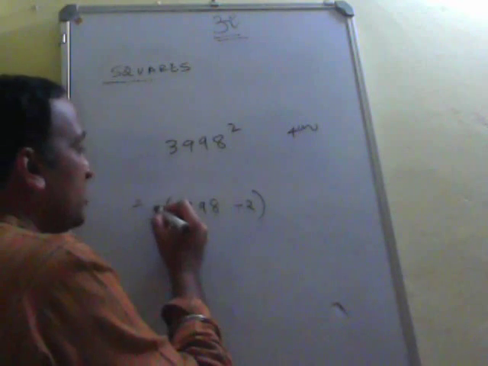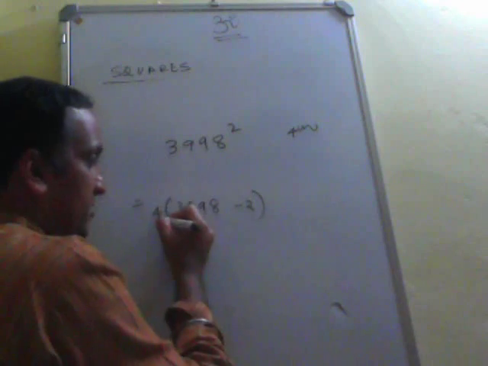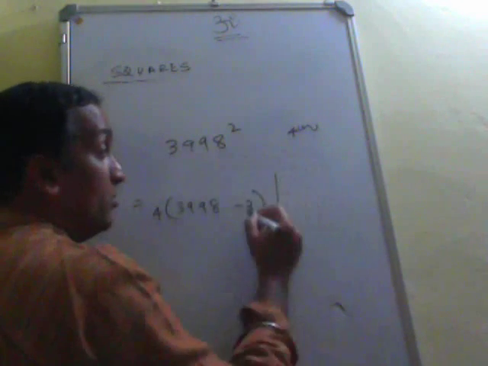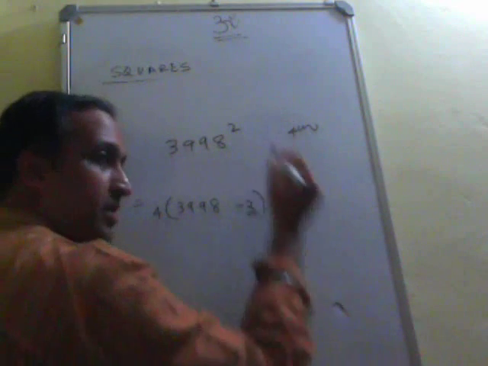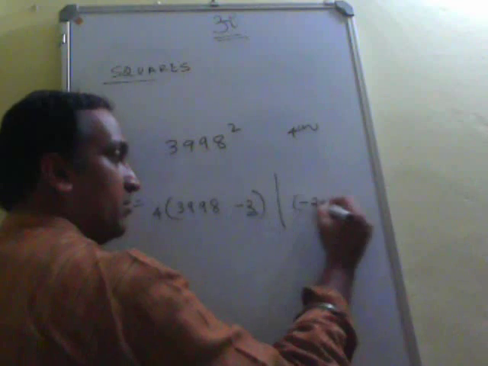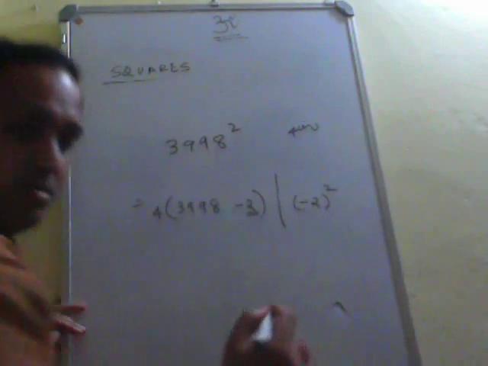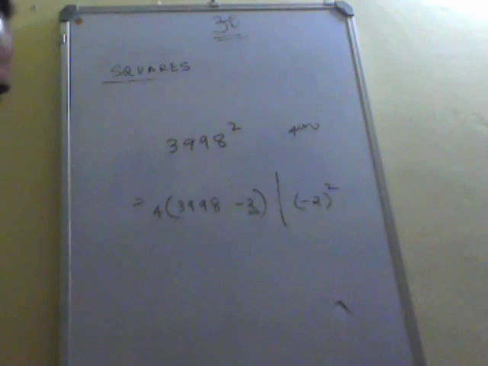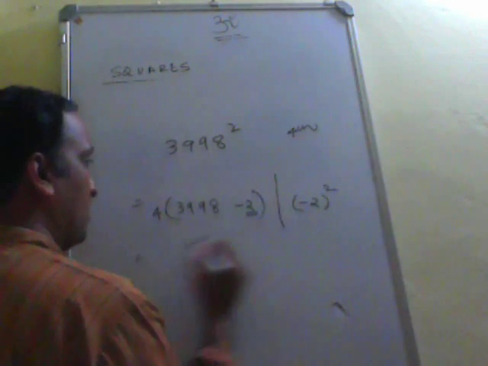And then in terms of 4 times, 2 square, minus 2 square, the last digit squared, is 4. So whatever we are writing inside, its square should be there. 3998 minus 2 gives 3996, and the 7 is there because it was 7 earlier.